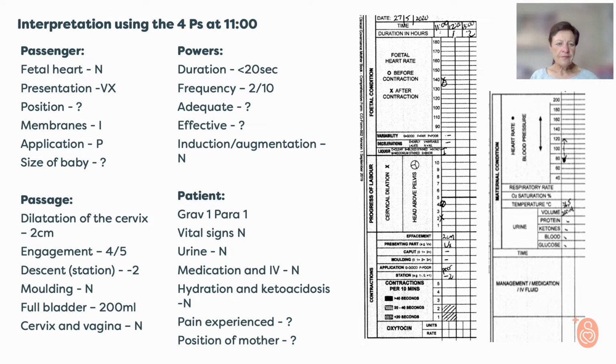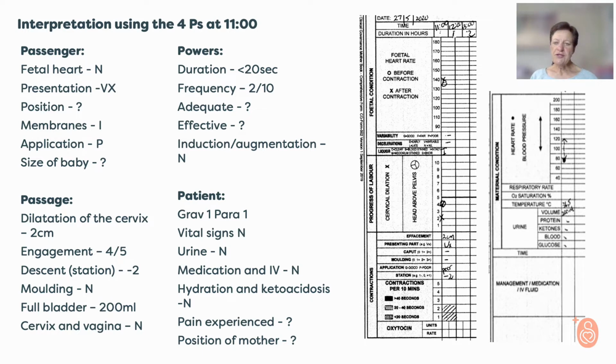If we look at the presentation of the passenger, we can see here that it's a vertex presentation. If we look at the position, unfortunately there's not space on this partograph for the position of the fetus, but the position, as we've said, plays a very important role.